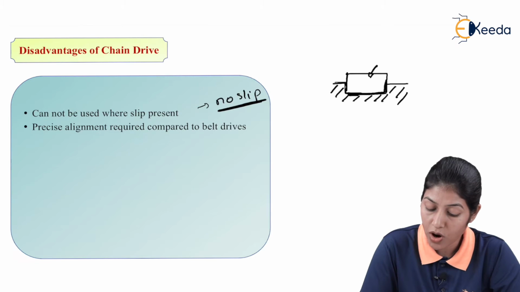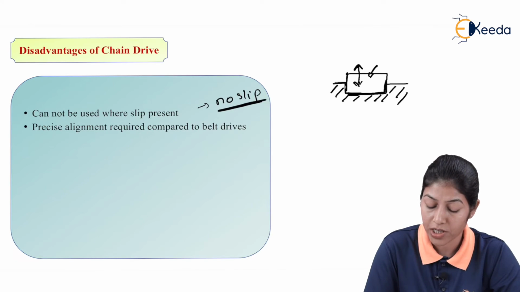So here it is not fixed. We can remove this belt from the surface of the pulley, or we can consider a slip condition here, as well as this belt can run out during higher speed or during loose tension or less tension condition.